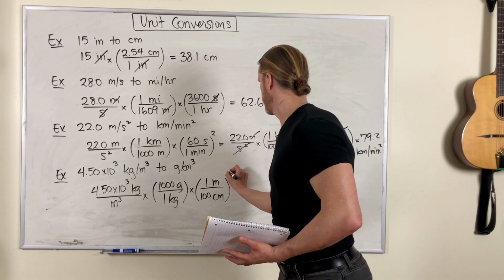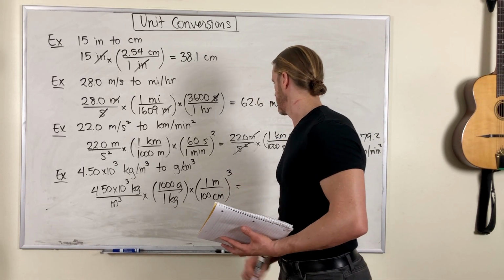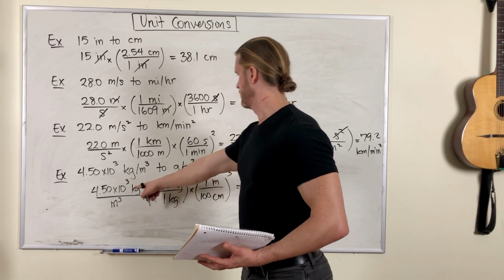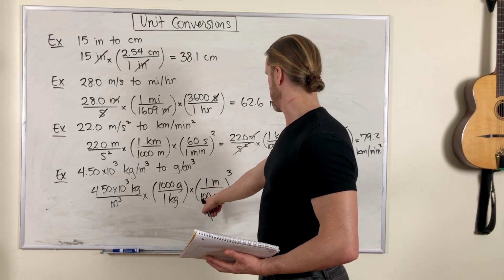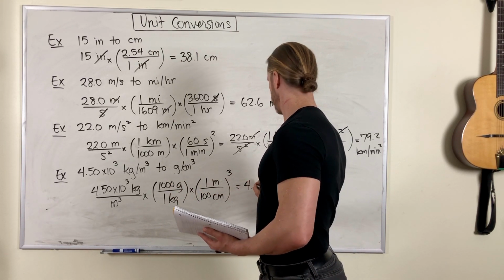That whole thing is cubed. So we've got 10 to the third, 10 to the sixth, divided by 10 to the sixth, which is going to be 4.5.